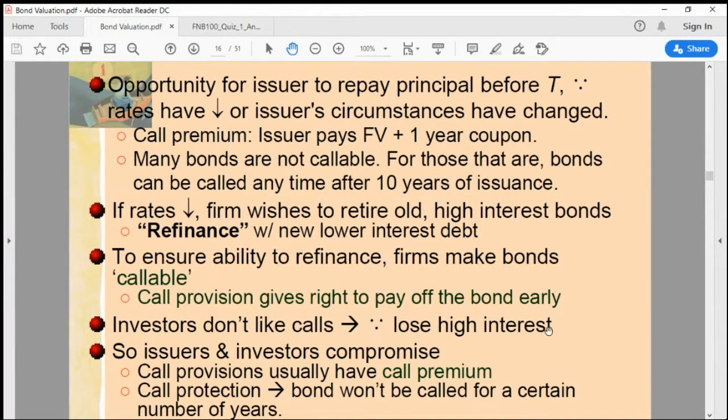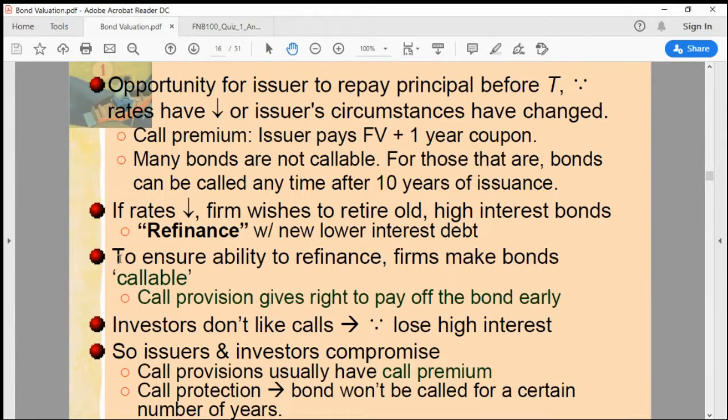But the most traditional and most common of those derivatives are options and futures.